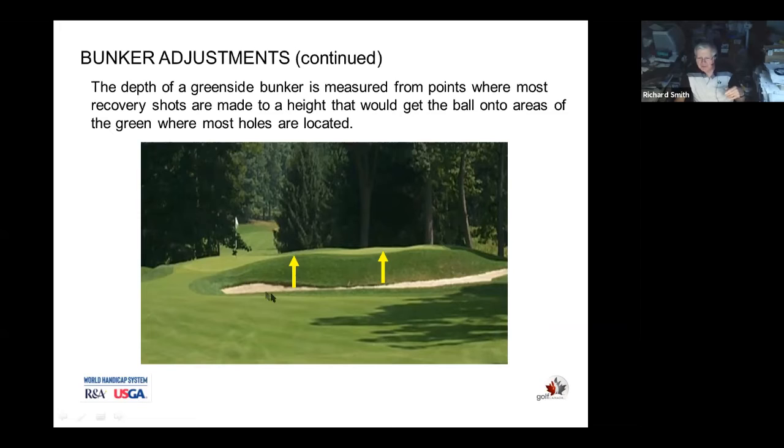So rather than just saying it's okay just to get where the pin happens to be today on this little bit down here, we have to be able to get to this bigger part up here, because that's where more of the holes are going to be located. So this essentially returns us to the previous situation before they changed it the time before this.